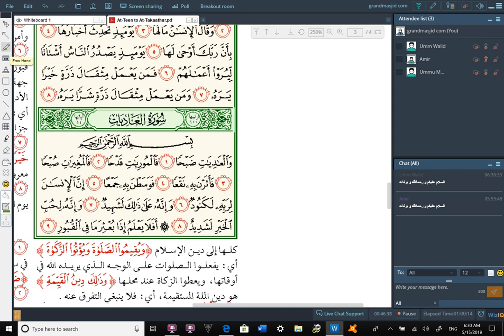La shahid, this lam is a lam of emphasis, lam at-tawkeed. Shahid is the khabar of inna, marfu' with the dhamma here. He is a witness of that.